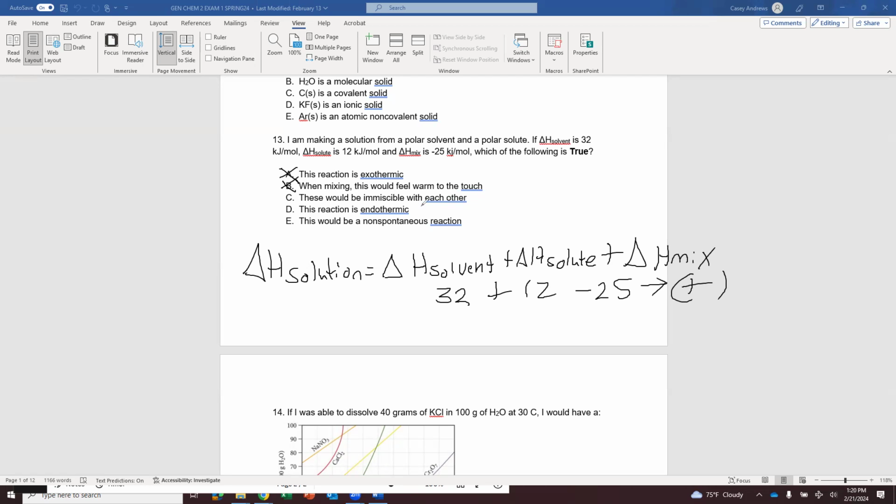That means they can't mix. No. Since delta H mix is a number, that means they are mixing, so they're not immiscible. This reaction would be endothermic. If it's not exothermic, it has to be endothermic. Based on this information alone, the only thing you can really say is this is endothermic.